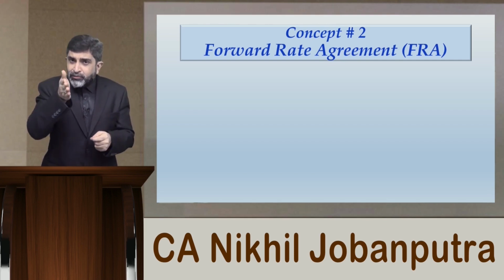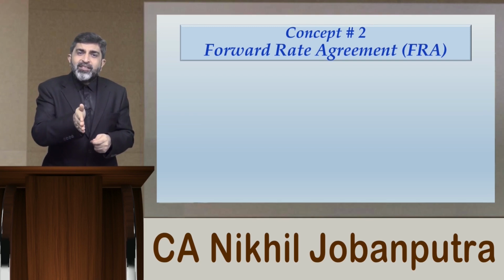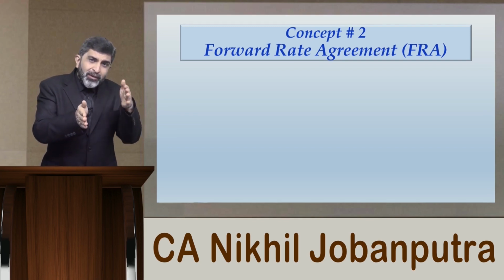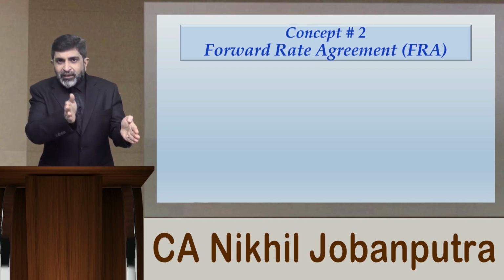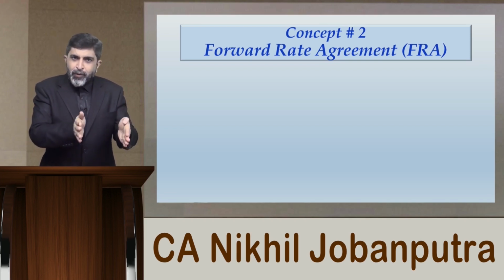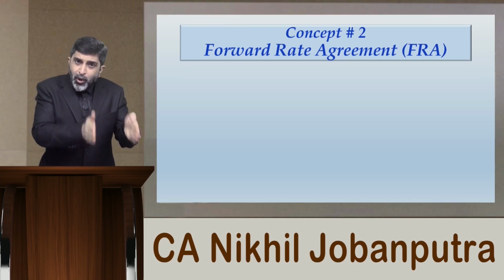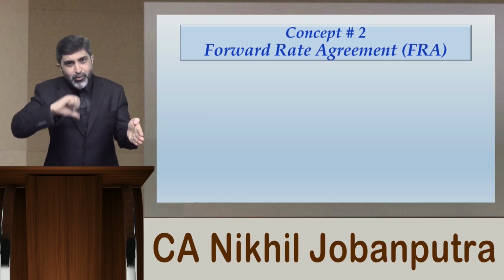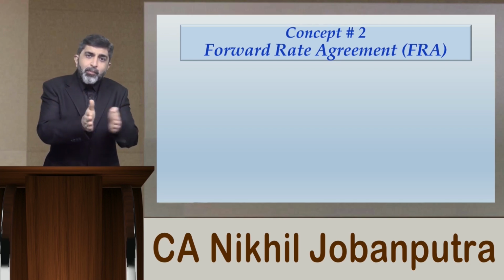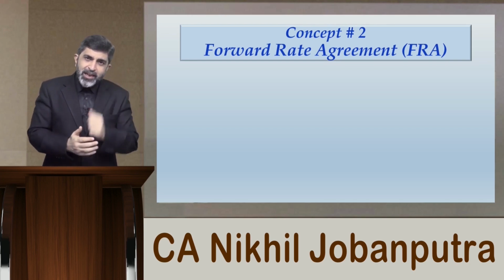That means borrowings will initiate at the end of 6 months from now and borrowings will terminate at the end of 9 months from now. If you look into the block period of the borrowing, it is from the end of the 6th month to the end of the 9th month, and both of these are counted from today's date. So what was the borrowing period? The borrowing period was just 3 months.